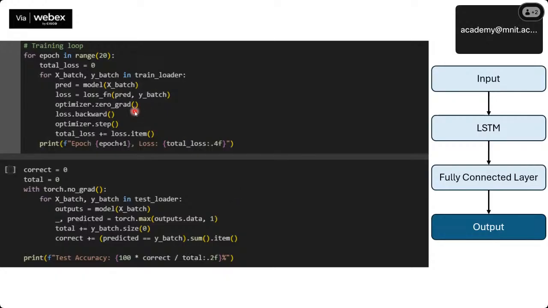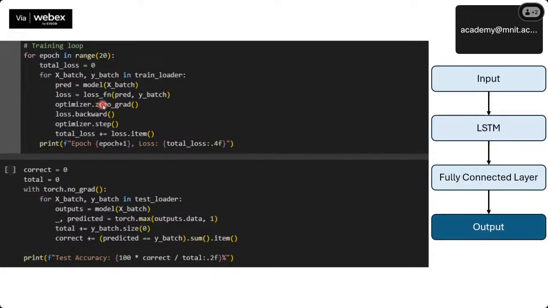Just like in the case of CNN, we are sending in data in batches, and the model is training on them and storing the results in the PRED variable. Then we consider the PRED variable and the Y-based data, compute the loss from that, and store it in loss.